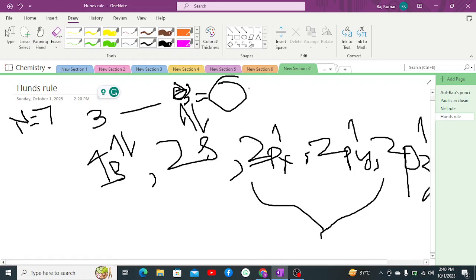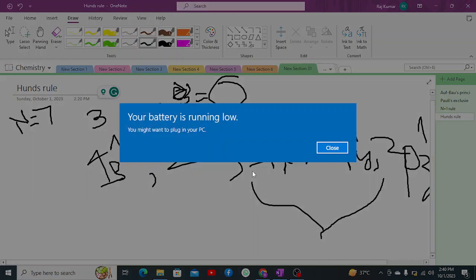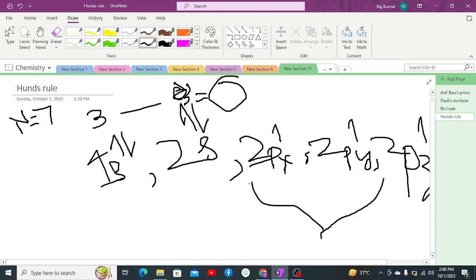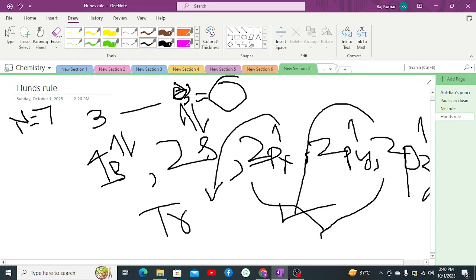In this case, the number of remaining electrons is 0, which means we have three unpaired electrons: 2px represents one unpaired electron, 2py another, and 2pz another, due to which its valency is trivalent.